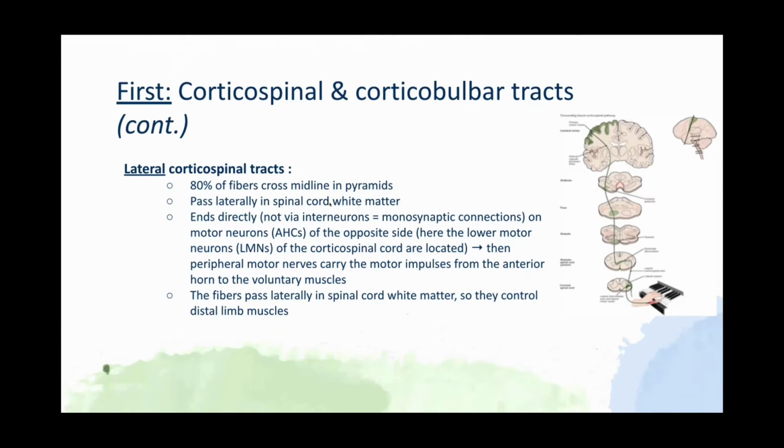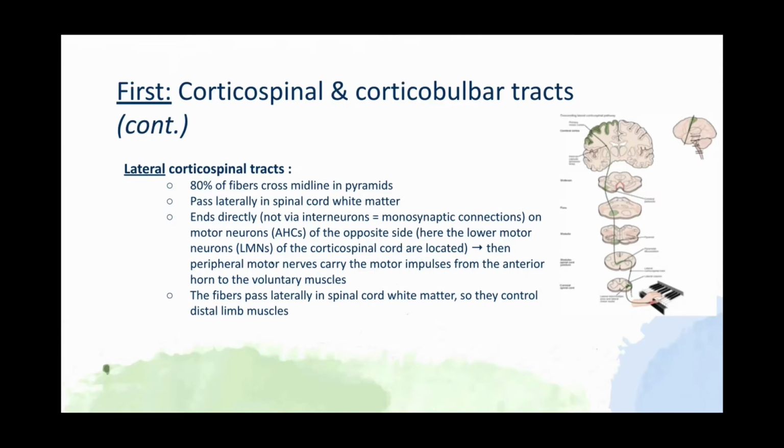It passes laterally in the spinal cord as I mentioned and ends directly. It has no interneurons, because some tracts will have interneurons, and we will discuss those later. It ends directly on the motor neuron, the anterior horn cell of the opposite side.